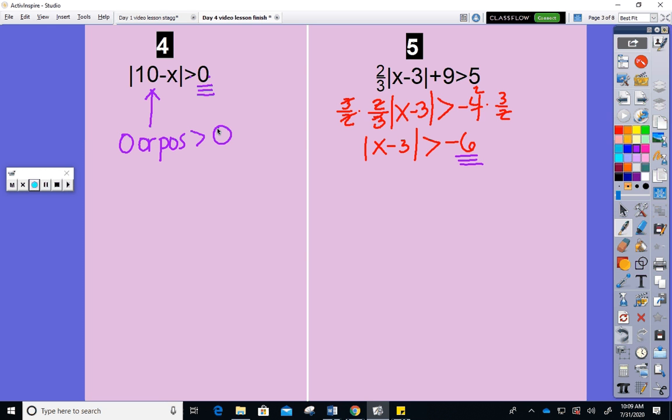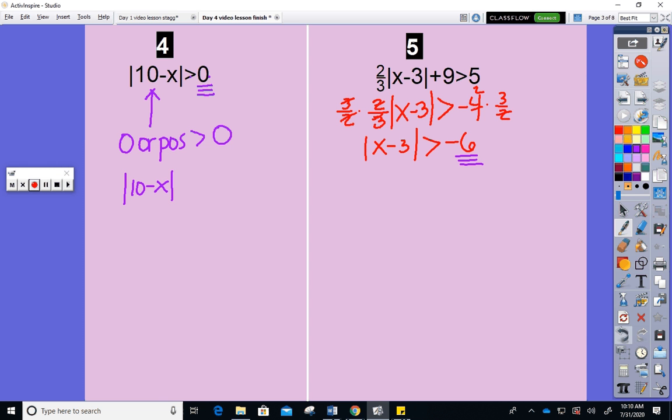So is the left side, which is always either 0 or positive, ever going to be greater than 0? Well, this is true as long as it's not 0. So the 0 part wouldn't work, but as long as the absolute value of 10 minus x is positive, then it would work. It won't work for 0.